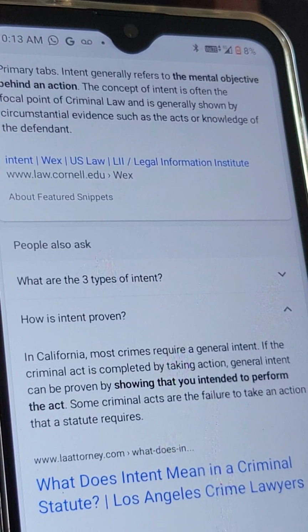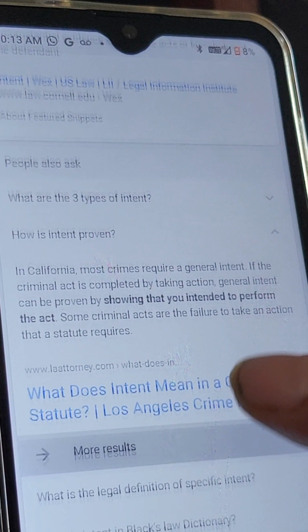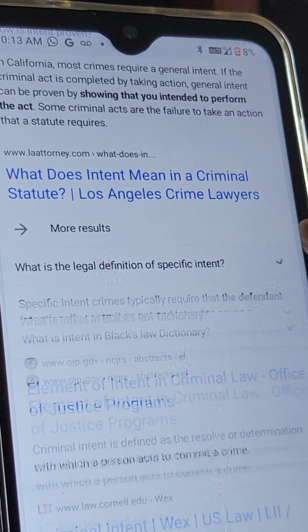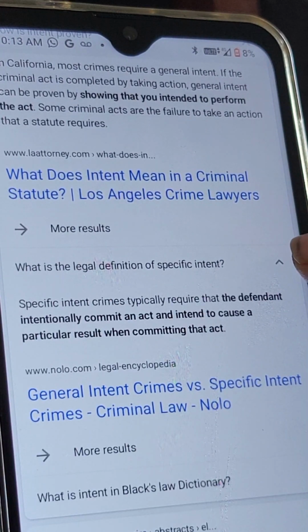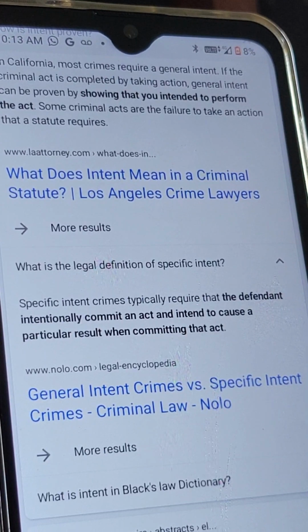Some criminal acts are the failure to take an action that the statute requires. Specific intent crimes typically require that the defendant intentionally commit an act and intend to cause a particular result when committing that act.